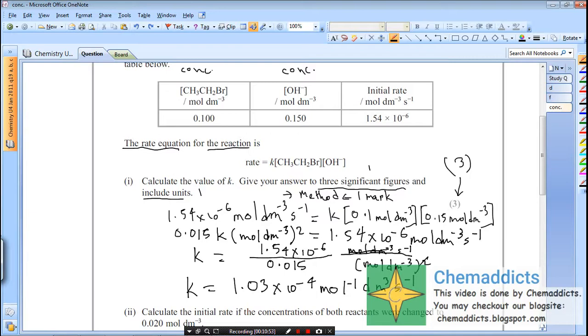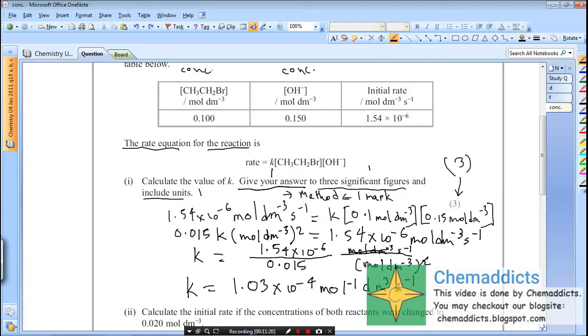Now let us check the answer. Let us check the question. Do we fulfill the conditions of this question? First they have asked us to give the answer. For the answer we have carried out the method, so for method we have achieved 1 mark.